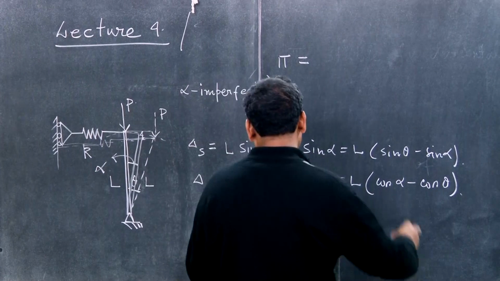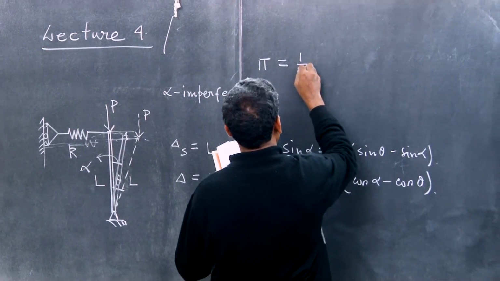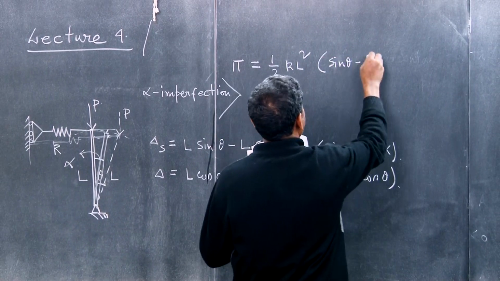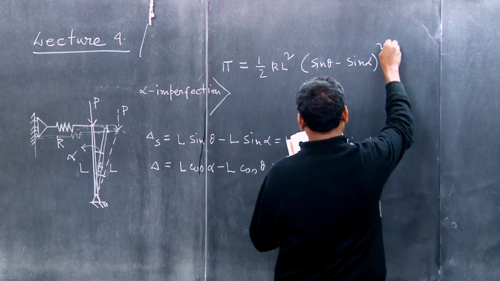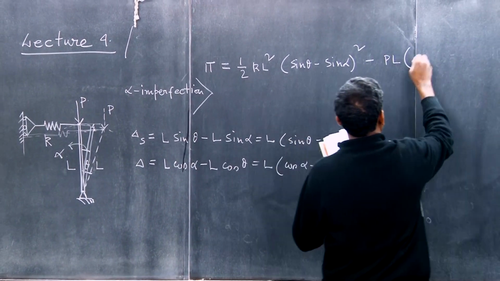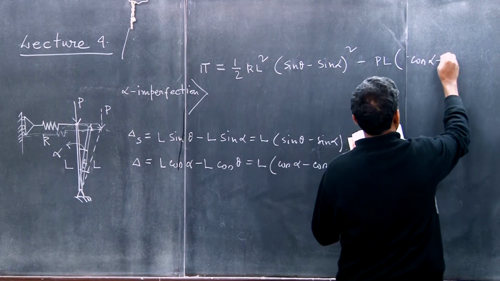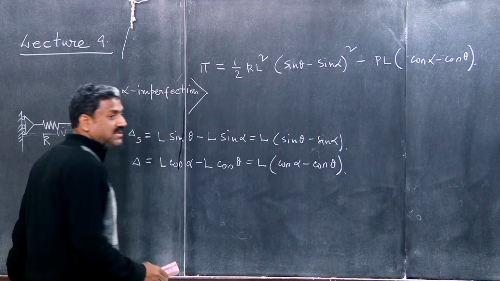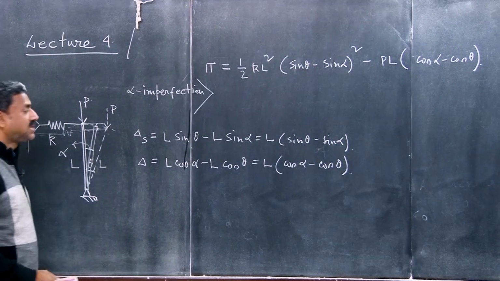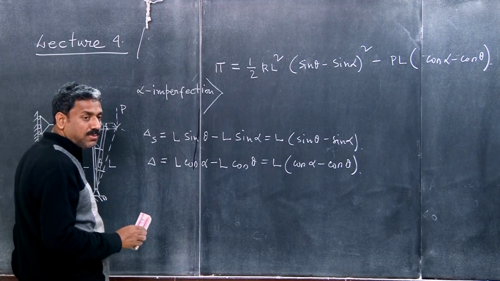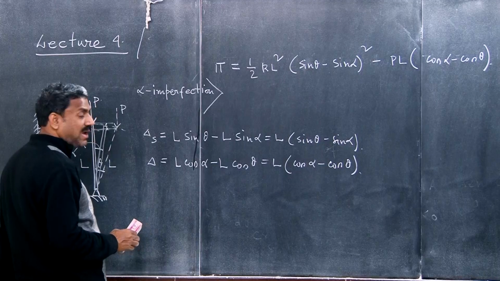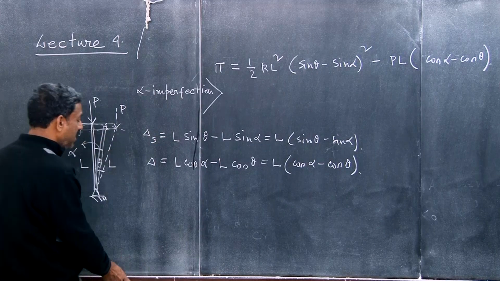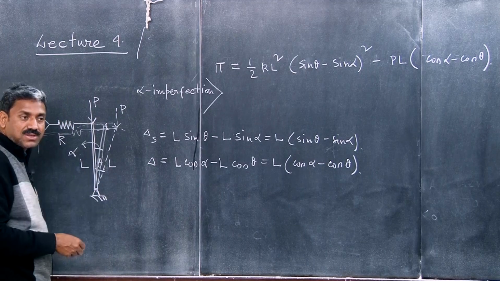So I am writing the expression: half k L square sin theta minus sin alpha, squared, minus P L cosine of alpha minus cosine of theta. I am not going to do the differences now. I will just write the expression so all of you know how to do that. This was the only difference on incorporation of the imperfection alpha. Alpha is nothing but the initial perturbation.